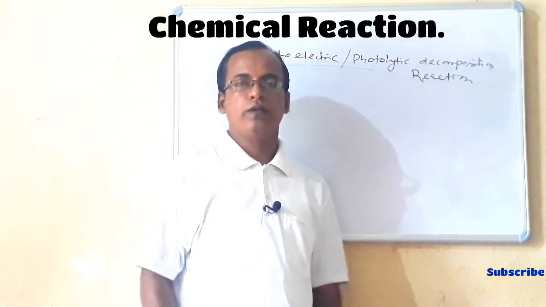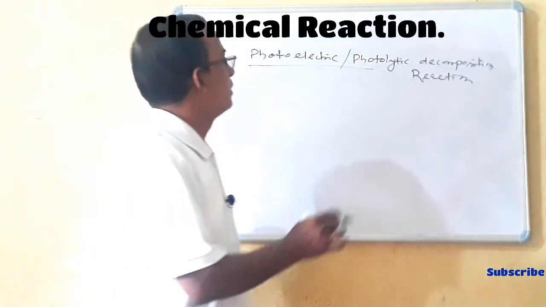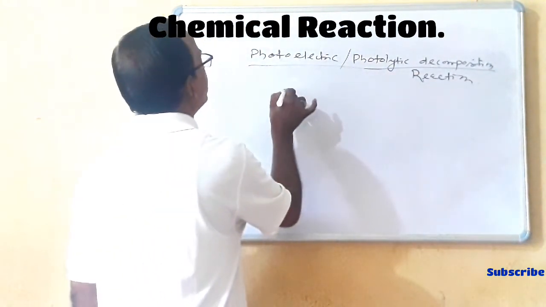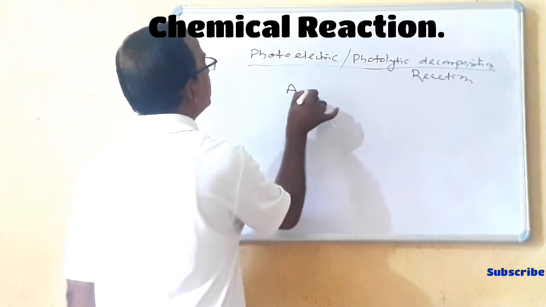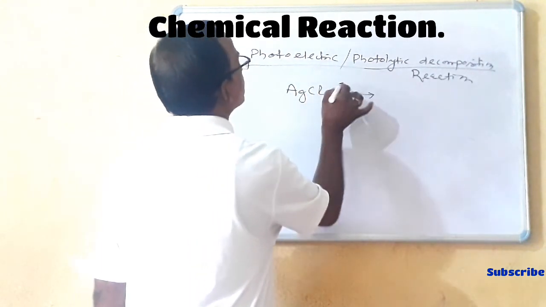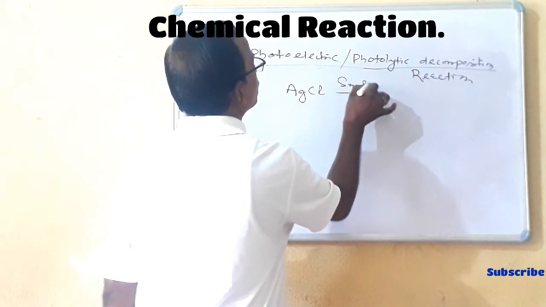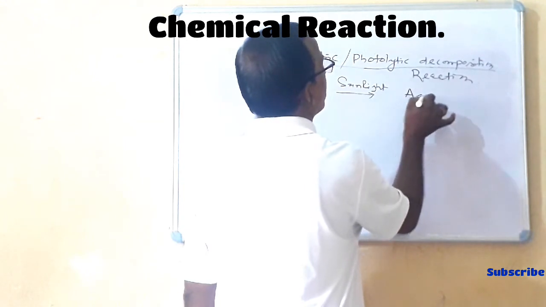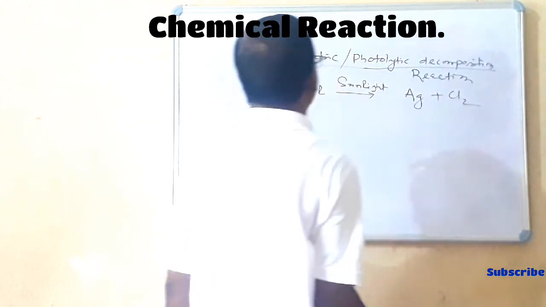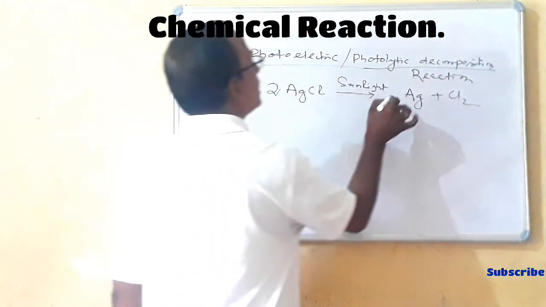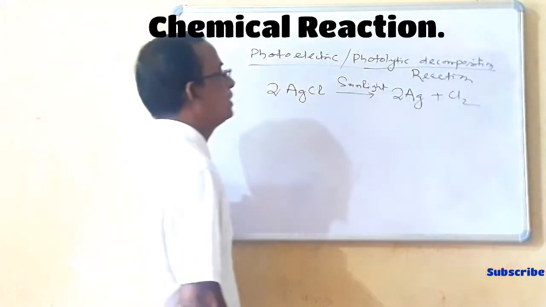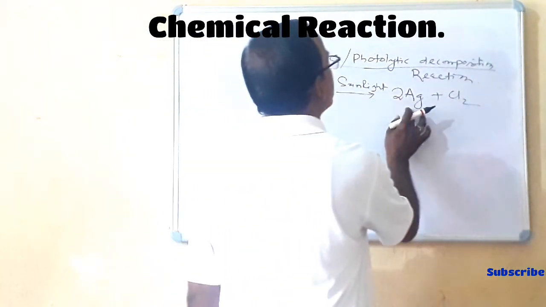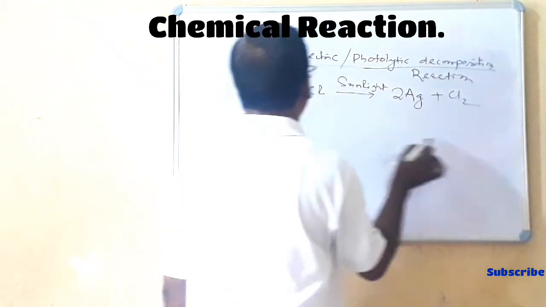That means, if we take an example, when silver chloride is exposed to sunlight, it produces silver plus chlorine gas. That means 2AgCl gives 2Ag plus Cl2. When silver chloride is exposed to sunlight, it produces silver, 2Ag, plus Cl2.